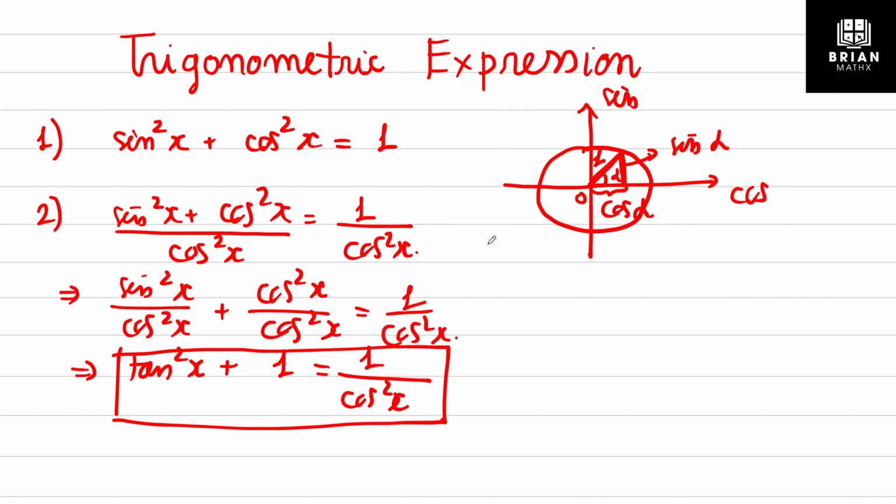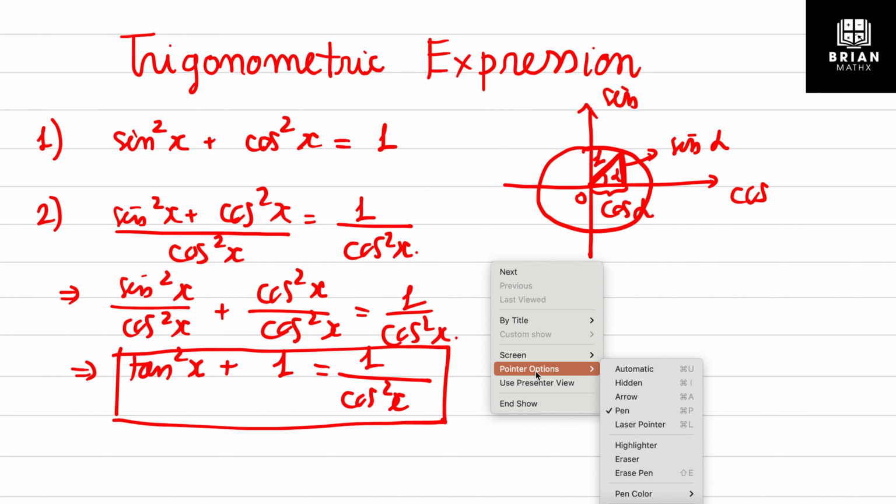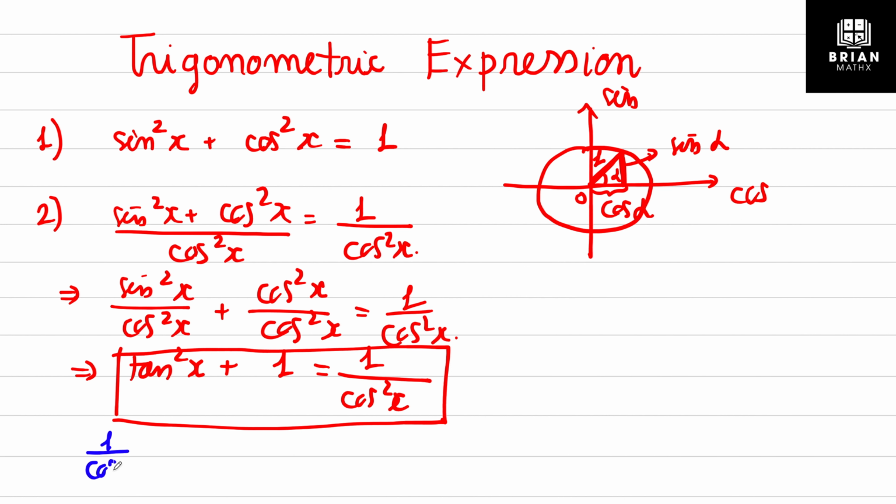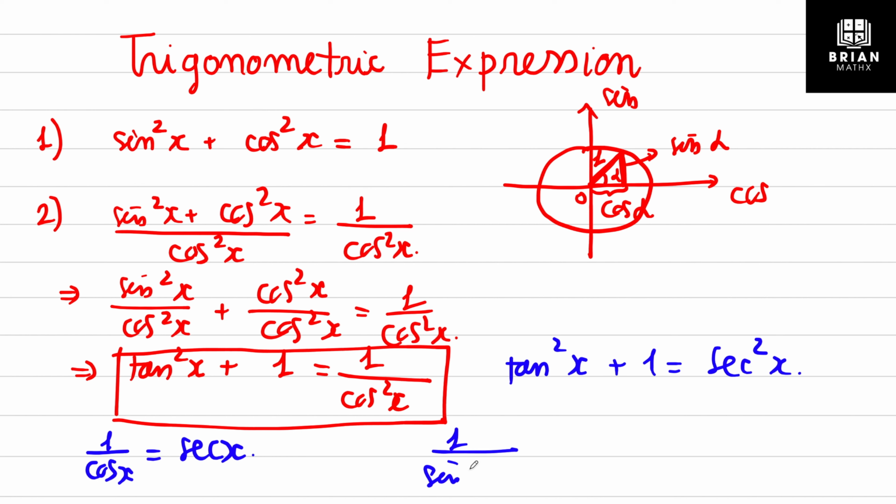And if you have already learned about sec and cosec, you will remember that 1 over cos is sec x, and another form of this expression is tan square plus 1 equal to sec square x.